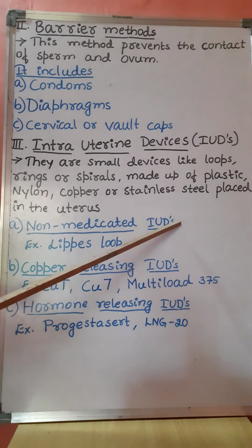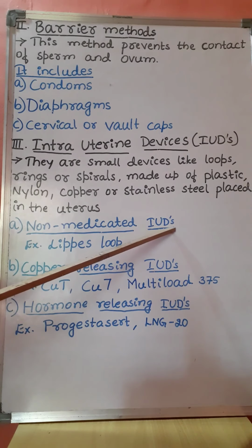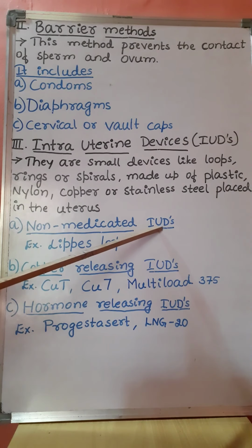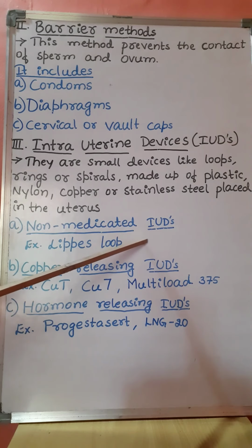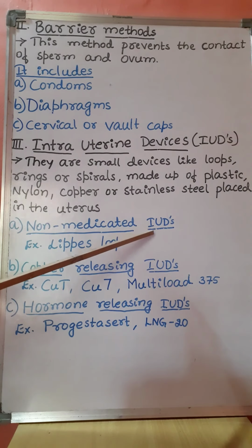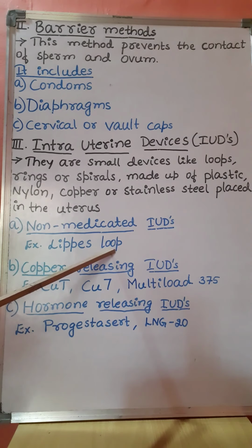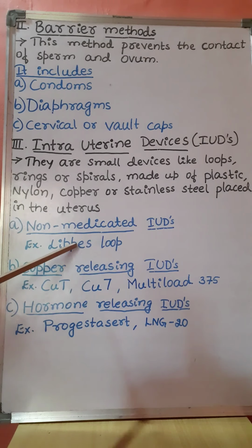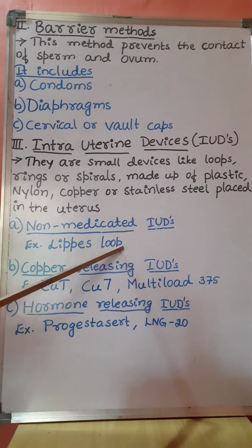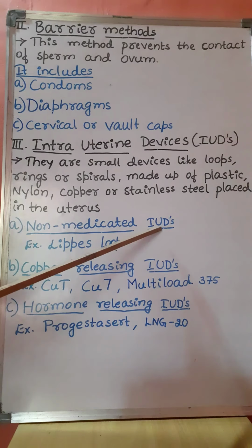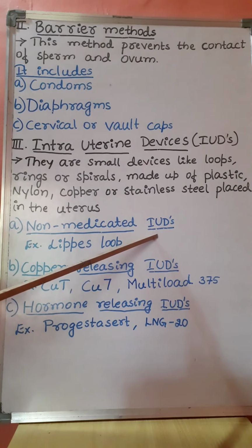Phagocytize means ingesting the sperms. These IUDs kill the sperms, thereby preventing the contact of living sperm with the egg. An example of a non-medicated intrauterine device is Lippes loop.